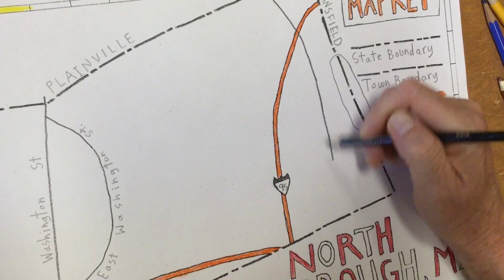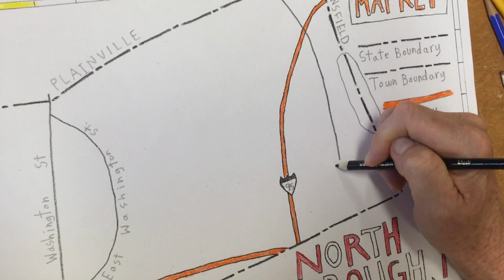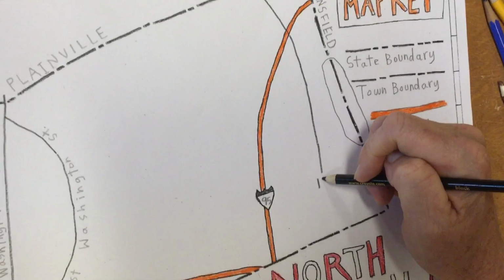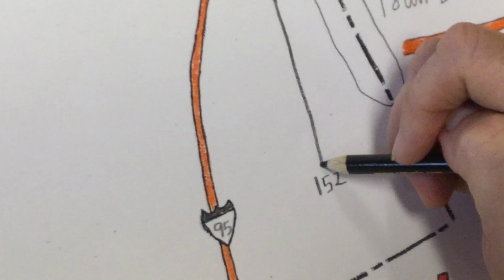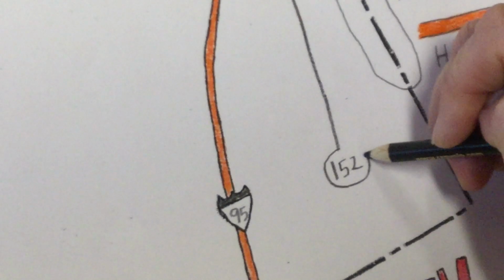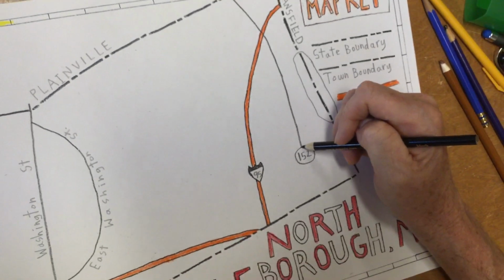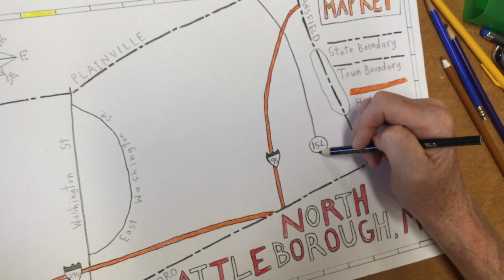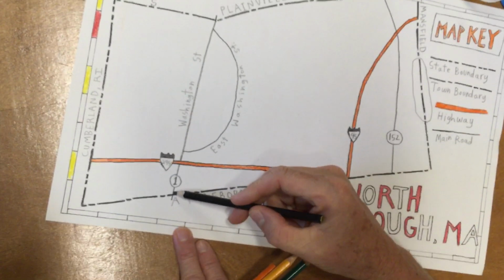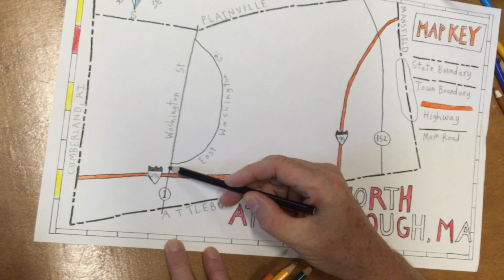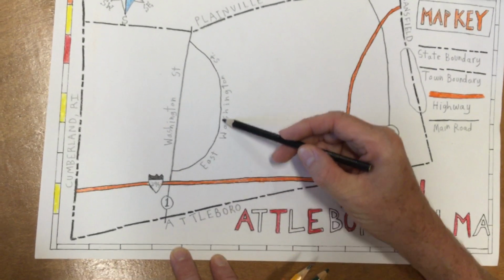About 3/4 of the way down, you can put a number for the route number, 152, and you can put a little circle around it. Oh, by the way, over here on Route 1, Route 1 comes over to form East Washington Street.